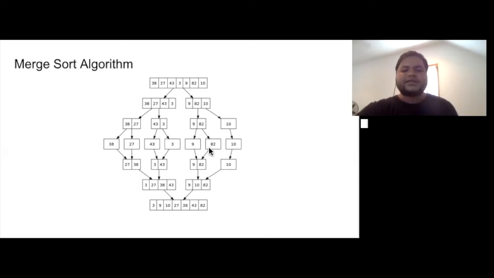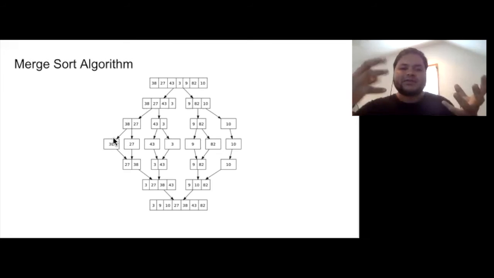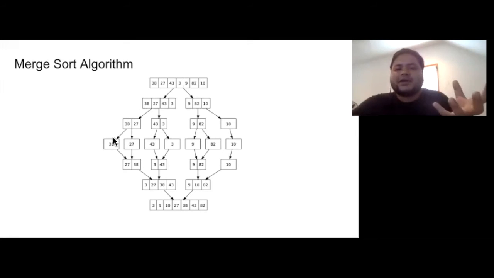Now we start combining the solutions. Actually, this atomic subarray is already solved. You don't have to sort this array because it has only one element, 38. You cannot sort it. The solution to this array is 38 and the solution to this array is 27.